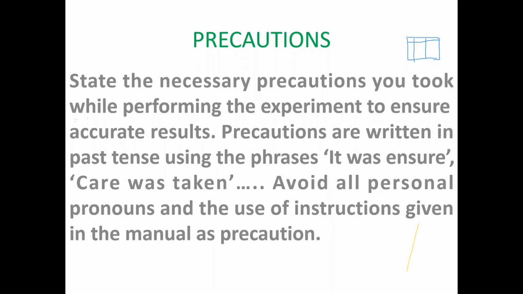It was ensured that the fan was put off before recording so and so values. It was ensured that the length of the thread was measured properly before taking the first oscillation. That is how you record your precaution in a standard physics practical.